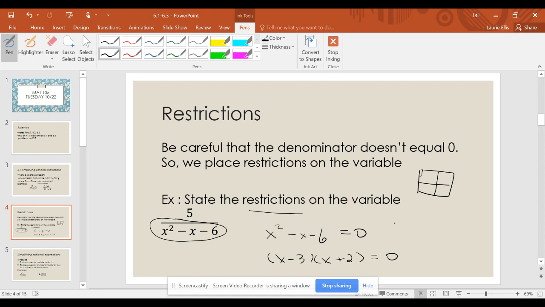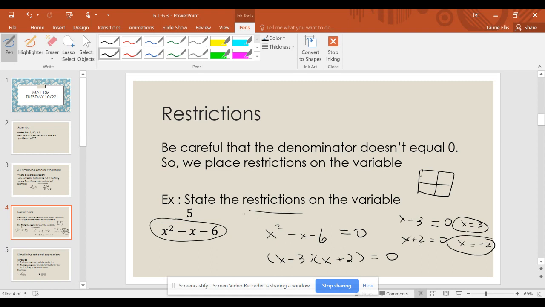I could do that in the squares as well. Each factor gets set equal to 0, again, just like the last, I think it was 5.8 that we did that, or 5.7. x minus 3 equals 0 and x plus 2 equals 0. Okay. So then we solve for x, and we know that x equals 3. That's one of our possibilities. And if I subtract 2 from both sides, I would get x is equal to negative 2. So that's another one of the possibilities.